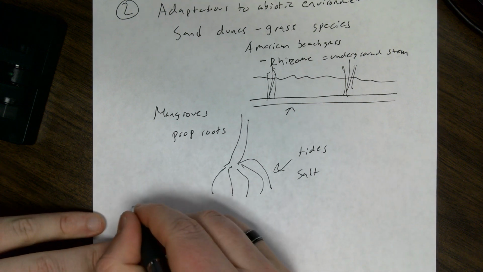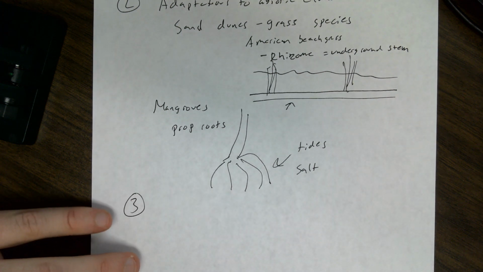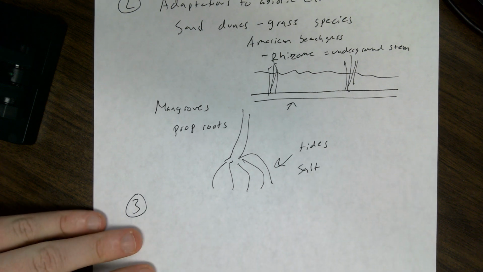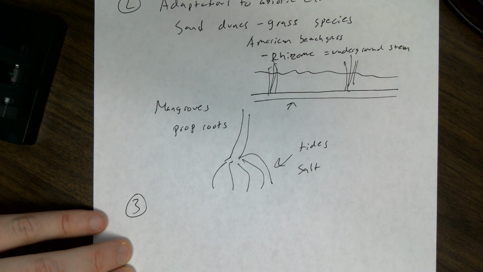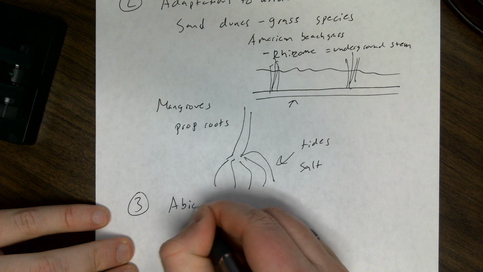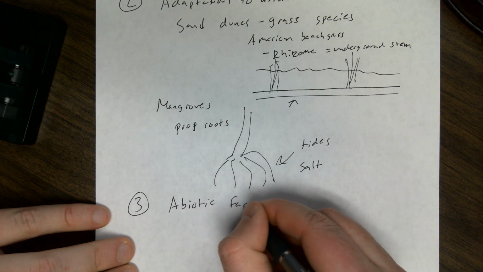Okay. 3. Abiotic factors affecting species distributions. There are a lot of abiotic factors that can affect the distribution of a species, and so it's where can they survive. A reminder, what are our abiotic factors?